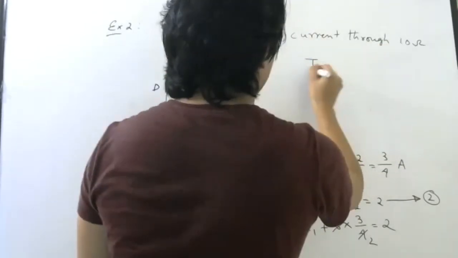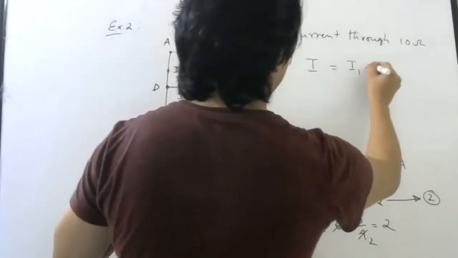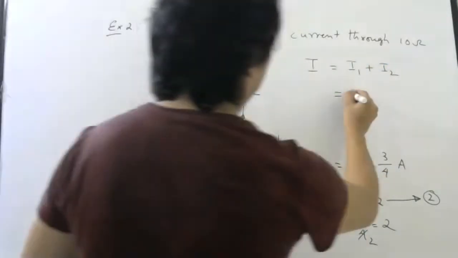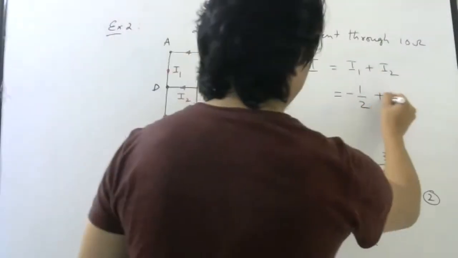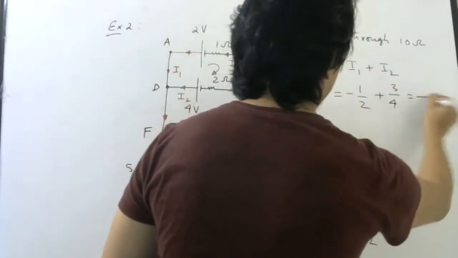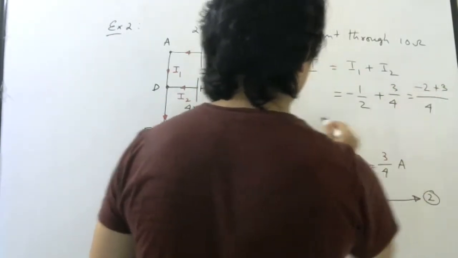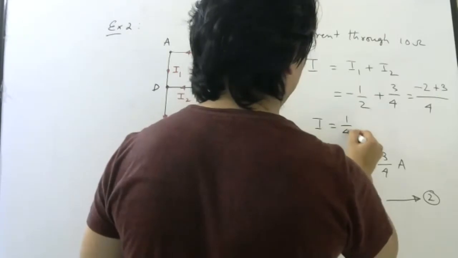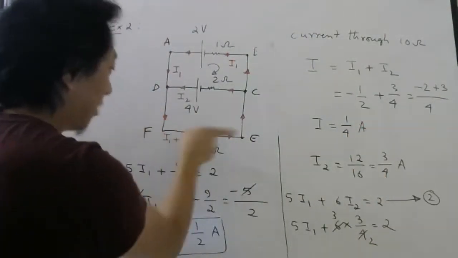Let me call it I. That will be your I1 plus I2. Right? What is I1? Minus half. Be careful with minus sign, you have to write. And I2 was 3 by 4. So 4 minus 2 plus 3, so current is 1 by 4. This is positive. That means direction is same only.